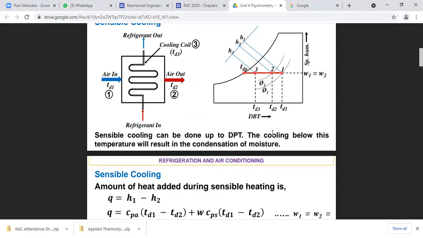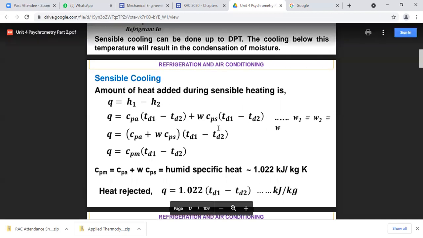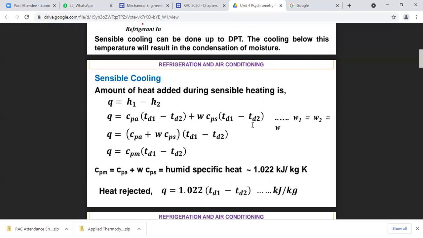So the amount of heat rejected during the sensible cooling, you have to write here, is H1 minus H2. Just a modification is required here: the amount of heat that is removed in the sensible cooling is H1 minus H2. Writing the terms, for H1 the total heat is CPA into (TD1 minus TD2), and for H2 it is W into CPS (TD1 minus TD2).